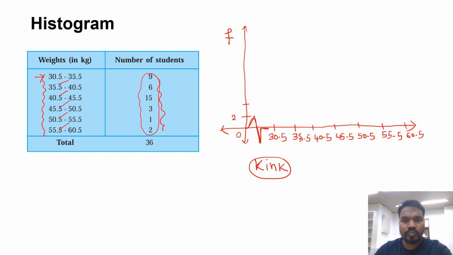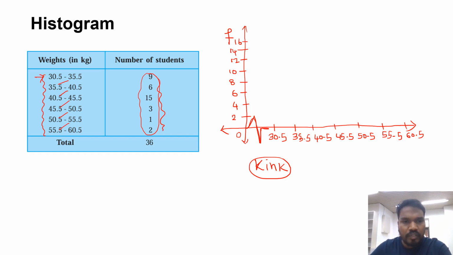So 2, 4, 6, 8, 10, 12, 14, 16. So the scale depends on you. It is up to you. You can take a scale of 1, or 2, or 3, based on the values.